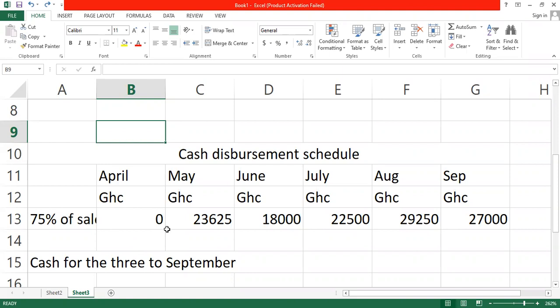Cost of sales is opening stock plus purchases minus closing stock. Then you find your purchases. Where opening and closing are equivalent, they have the same effect, so we just leave them like that and take the cost of sales.